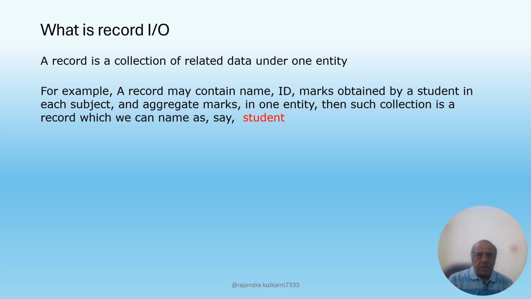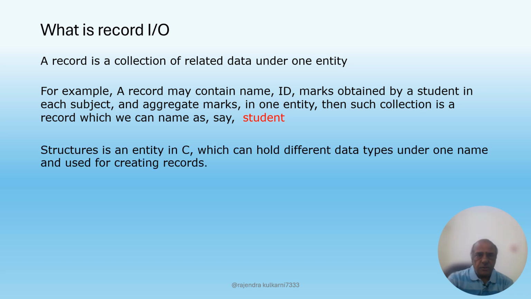We can name that record anyway. Say we can say it as a student record, or we can name it as a student. Structures is an entity in C which can hold different data types under one name, and the structure variables are used for creating records.